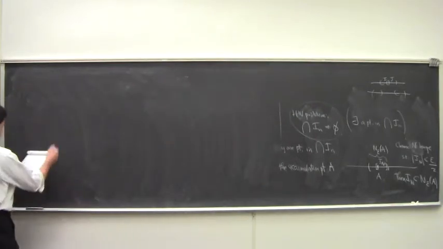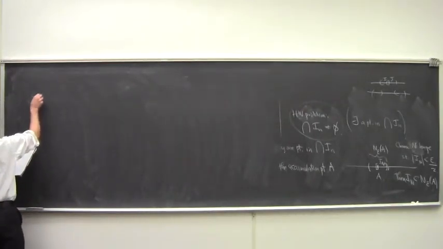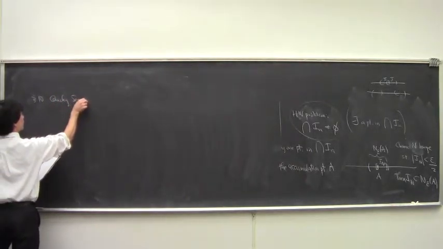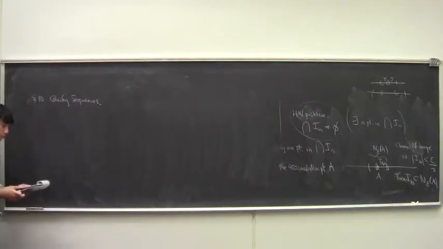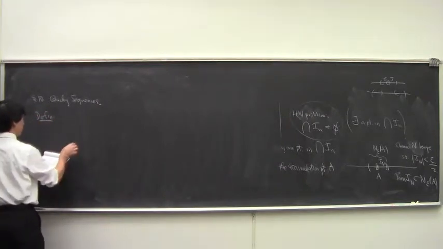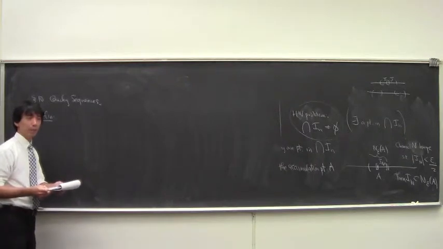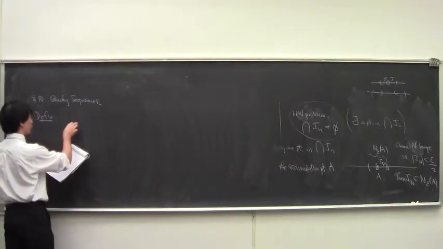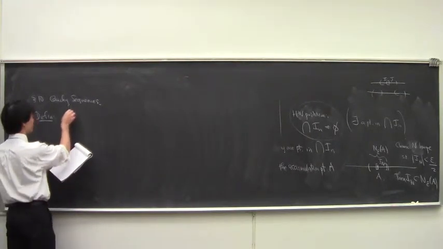Okay, let's go on. So again, continuing in chapter 10, Cauchy sequences. Okay, also a really important idea. Who can tell me what a Cauchy sequence is? Anybody? What's the difference between a Cauchy sequence and a convergent sequence?